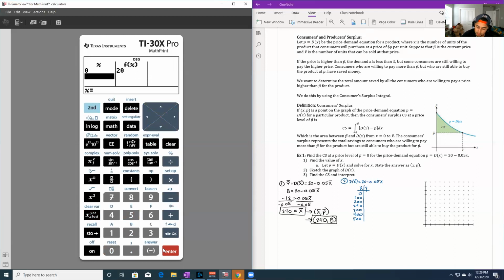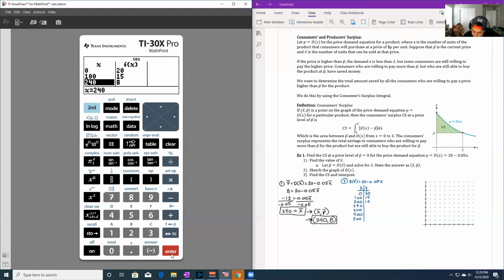So 0 gives me 20. Type in 100, you get 15. 200, 10. My 240, which will prove that our p-bar is 8, gives me 8.